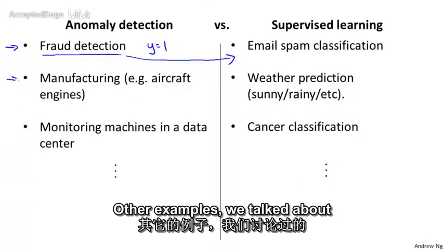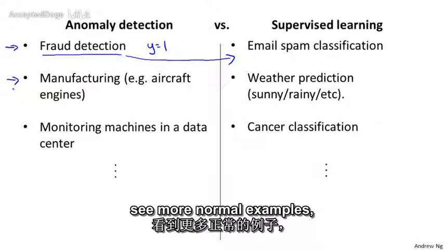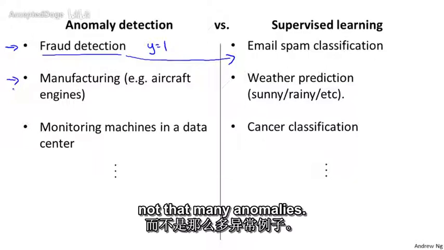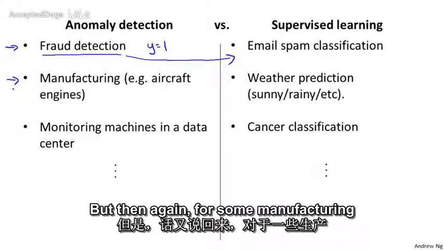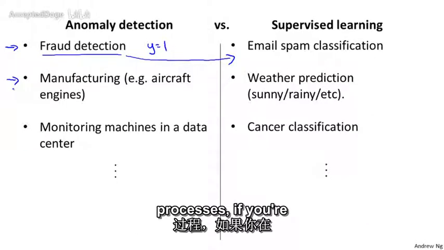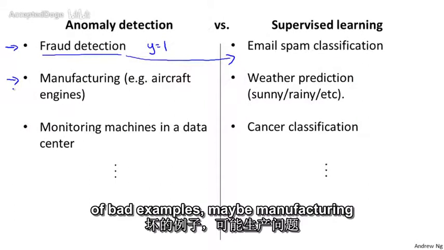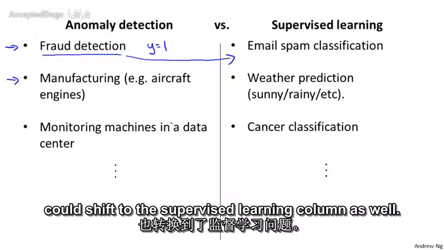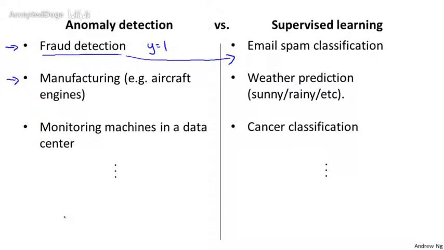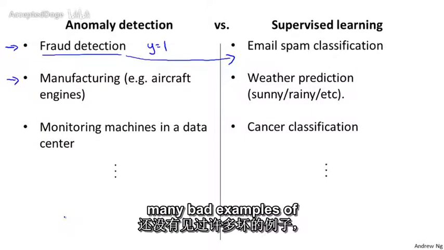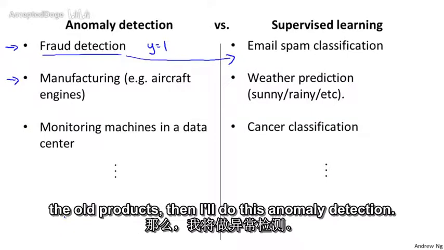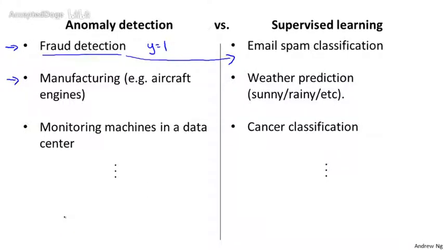Other examples, we talked about manufacturing already. Hopefully you've seen more normal examples and not that many anomalies. But again, for some manufacturing processes, if you manufacture in very large volumes and if you've seen a lot of bad examples, maybe manufacturing could shift to the supervised learning column as well. But if you haven't seen that many bad examples of your own products, then I would use anomaly detection.